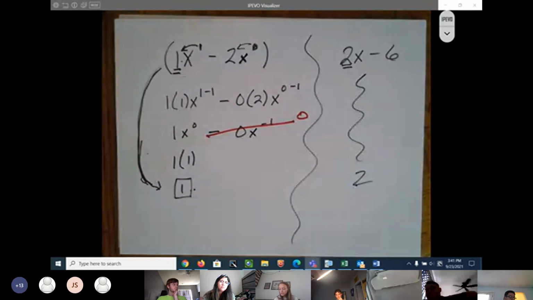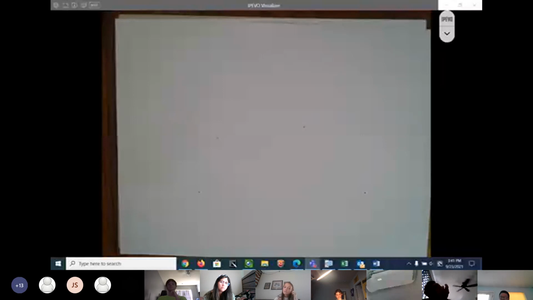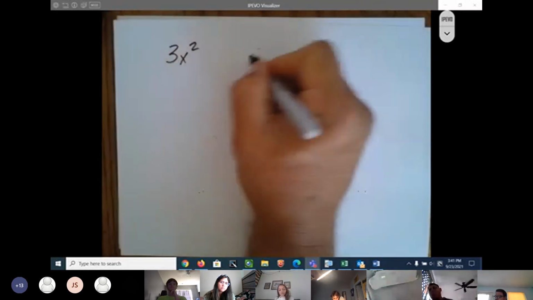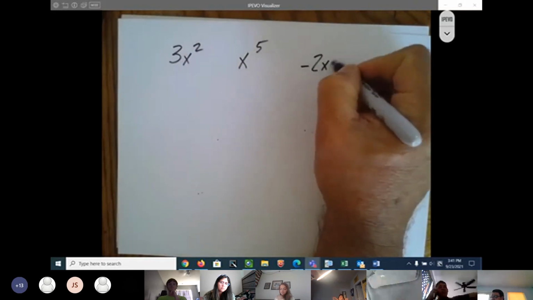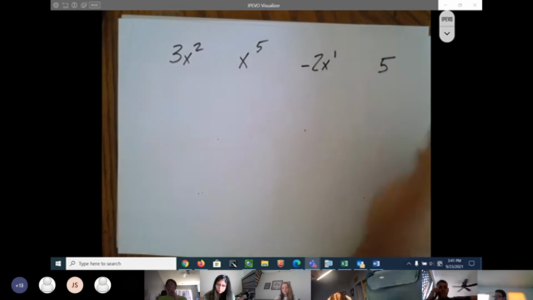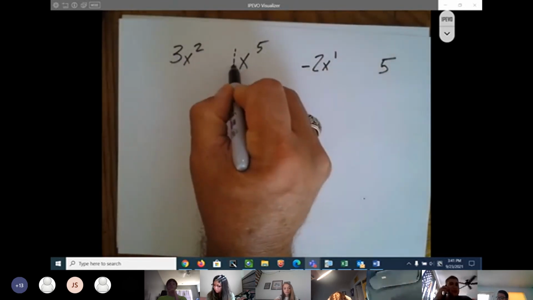Okay, so whenever it doesn't have like an x on it, you just add an x to the 0? Yes. And that's true with anything. If I give you 3 or 4 things in algebra, 3x squared, x to the 5th, negative 2x to the 1st, or 5. Well, every one of them, this one has a 1 in front of it.